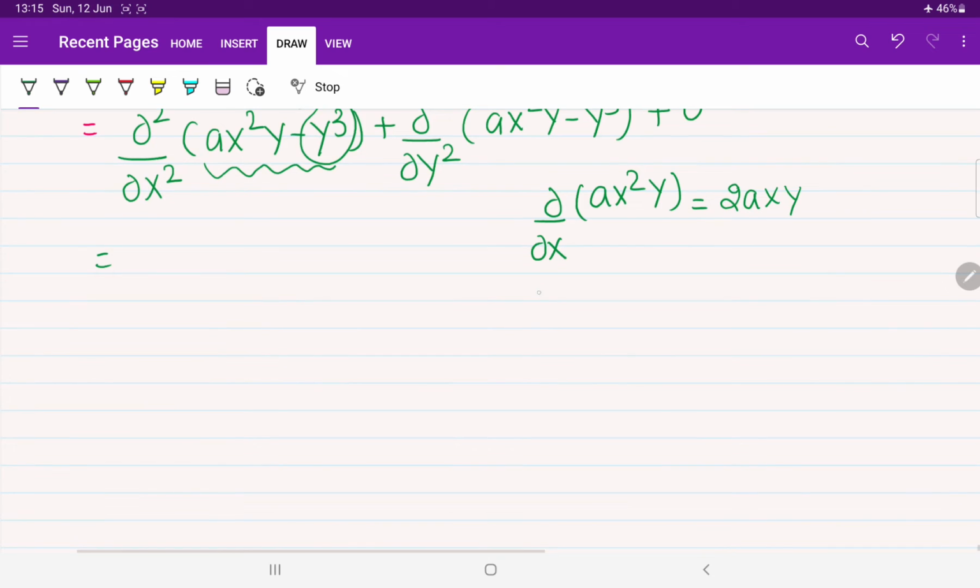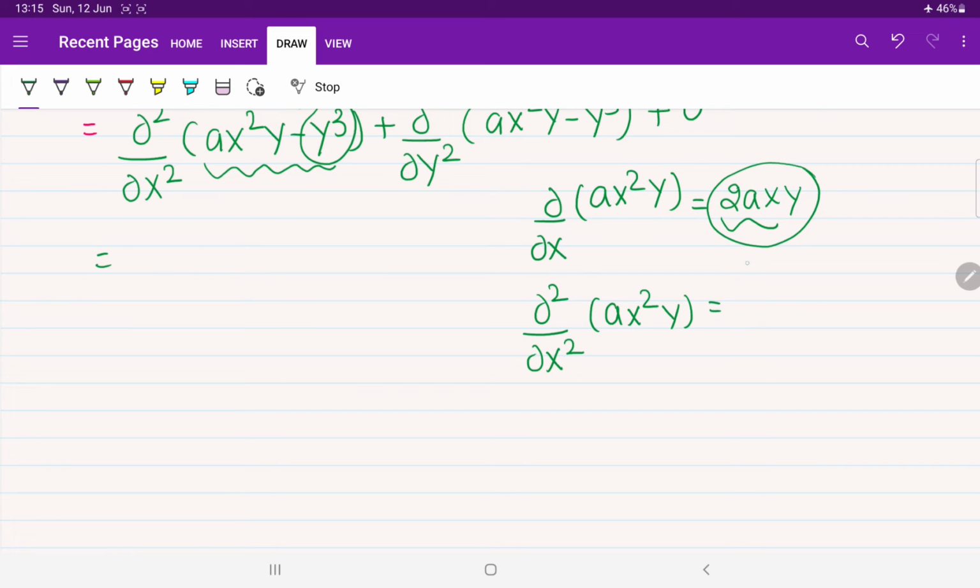If we differentiate one more time, it will become 2ay. So dou square by dou x square, the second order derivative of this function, is 2 times ay.